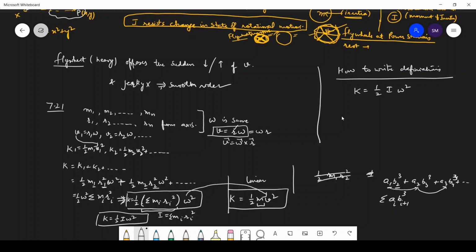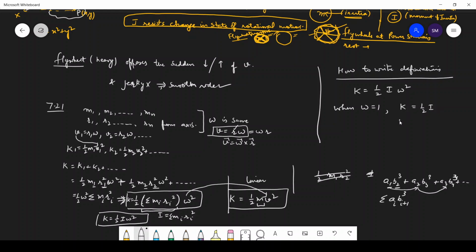And when omega angular velocity is equals to 1, then this rotational kinetic energy will be equals to half into moment of inertia into 1 square is 1.